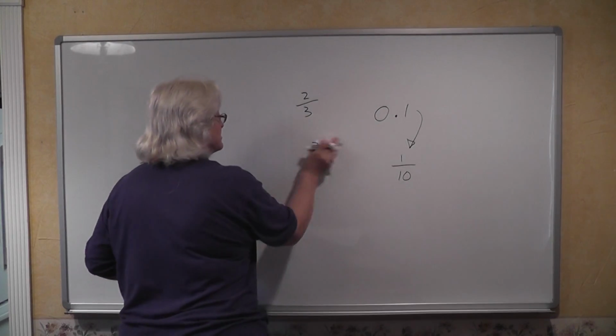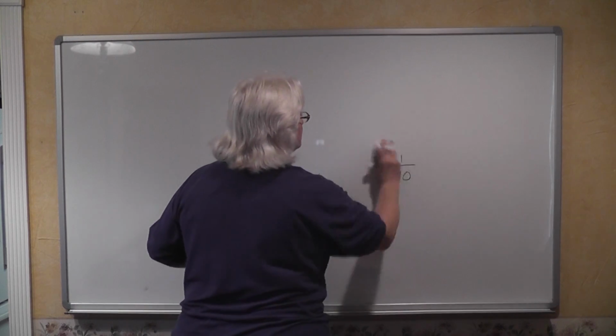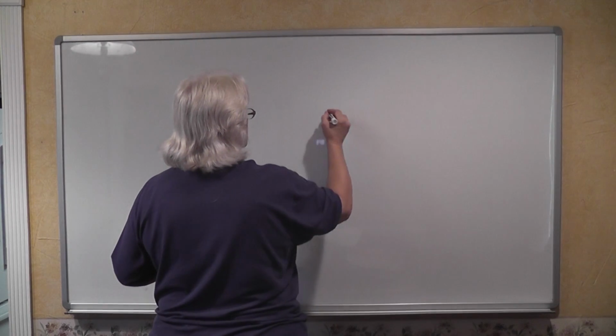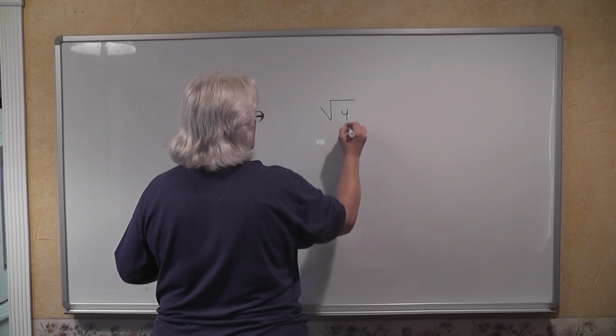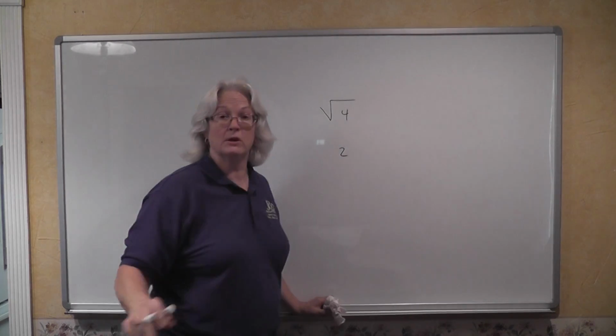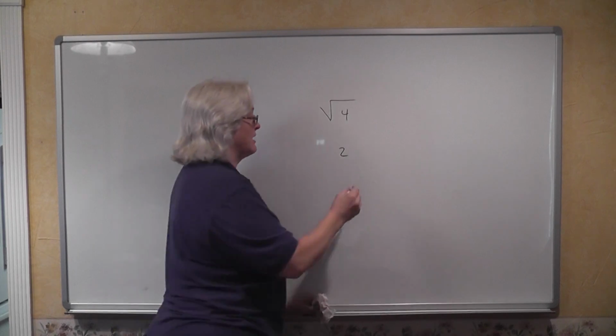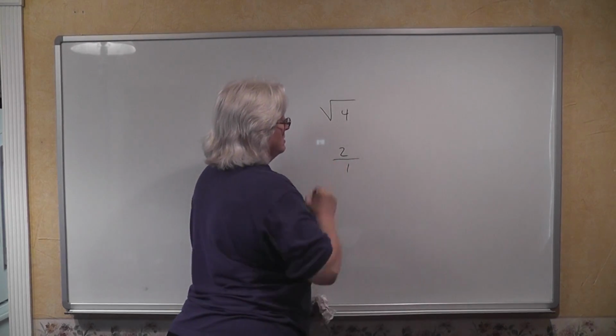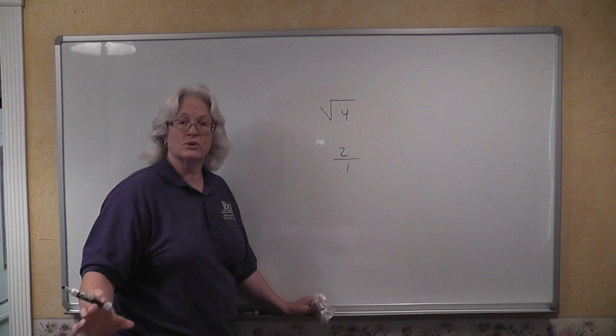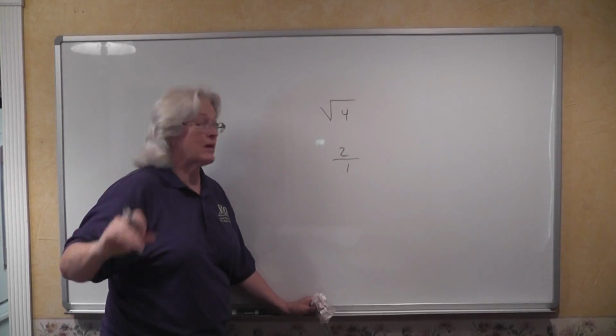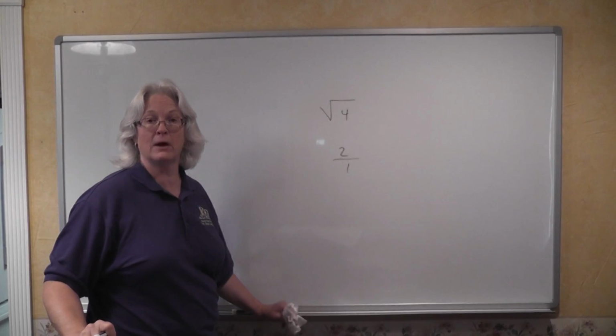If you have the square root of 4, that's written as 2, because 2 times 2 is 4. If we wanted to show it technically as that rational number, that fraction, we would write it 2 divided by 1.